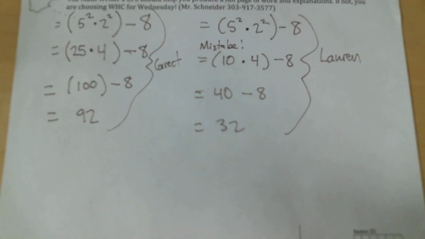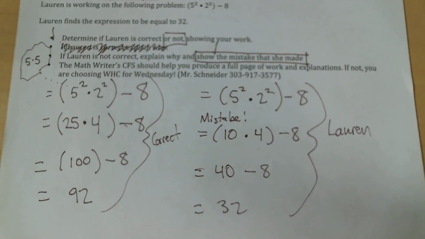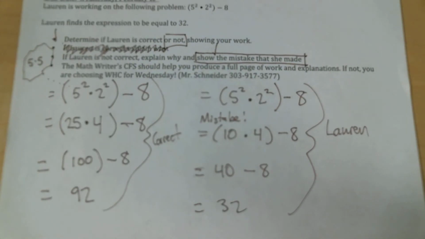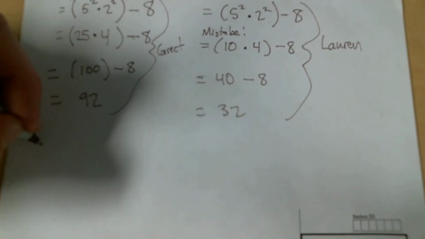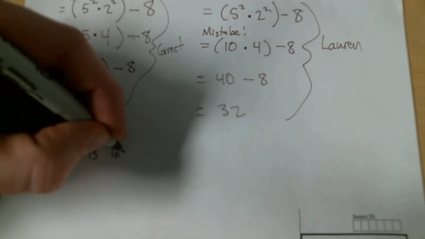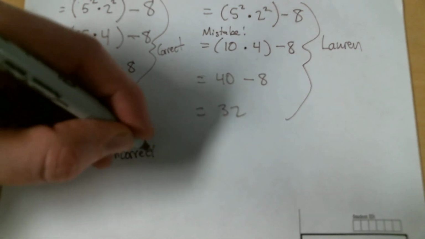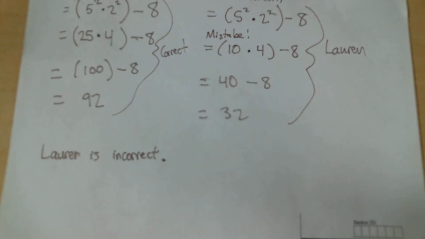So sometimes I can actually start with an assertion. So think about what I might want to assert. Do I want to assert that she's correct, or do I want to assert that she's incorrect? I want to assert that she's incorrect. So I'm going to say, Lauren is incorrect. And then let's start thinking of some facts we can state.